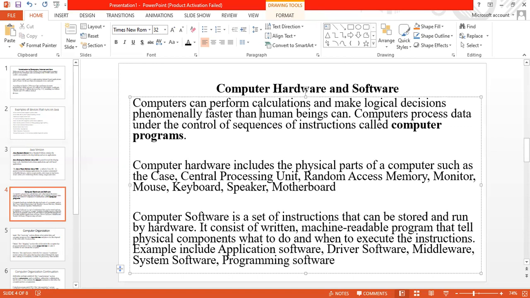Computer hardware include the physical part of a computer. That is what is visible. They are the things that we can see. They are the things we can touch. So computer hardware include the physical part of computer, such as the case, the central processing unit, the random access memory, that is our RAM, the monitor, the mouse, the keyboard, the speaker, the motherboard.